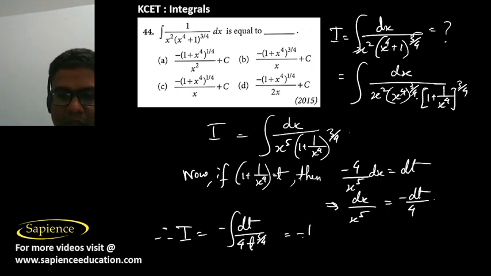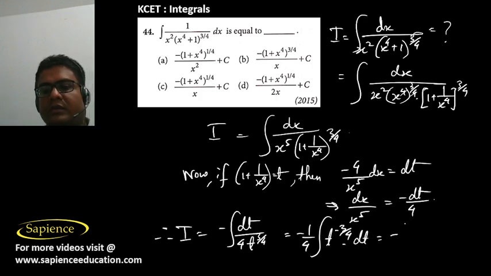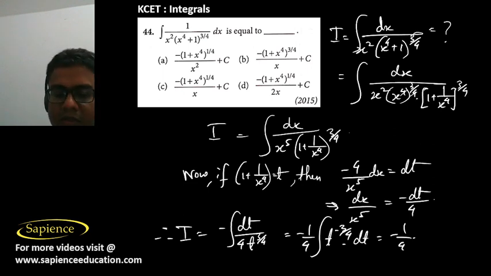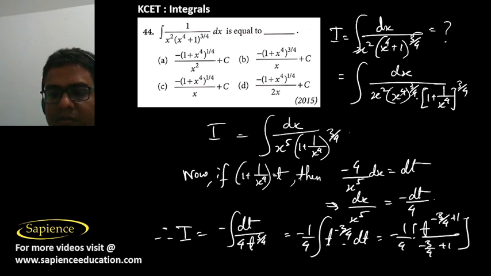So this will be minus 1 by 4 into integral t power minus 3 by 4 dt. This will be minus 1 by 4 into t power minus 3 by 4 plus 1, divided by minus 3 by 4 plus 1, plus c.